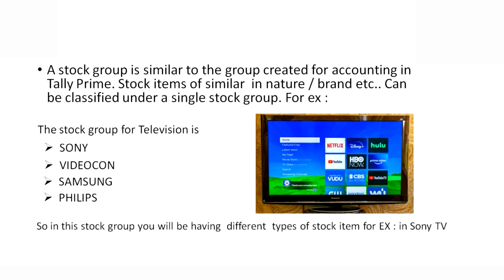In this stock group, you will also have different types of stock items. For example, if you take Sony TV, you will have n number of models, like Sony Bravia 43 inches TV, Sony Bravia 38 inches TV, Sony Bravia 32 inches TV.